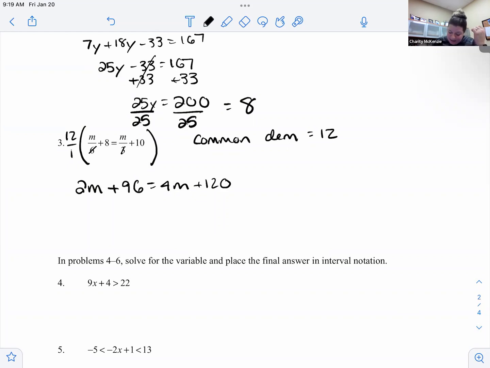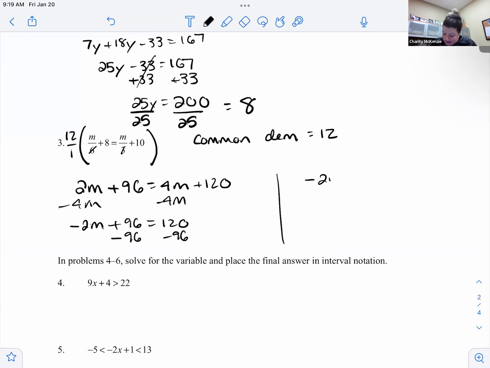All right, then I want to minus the 4m over this way. You could have gone the 2 the other way. That's fine. I have a negative 2m here plus 96 equals the 120. Okay, minus the 96 over to the 120. And I'm going to have negative 2m equals, what is 120 minus 96? 24.